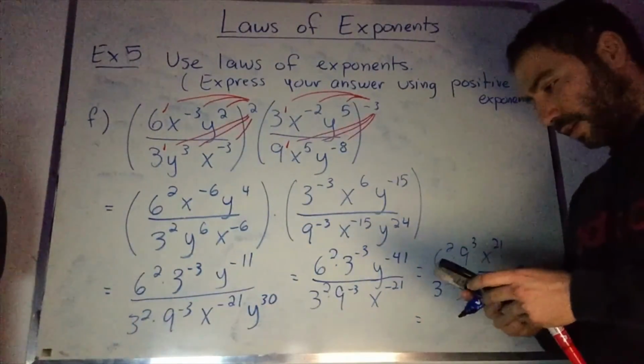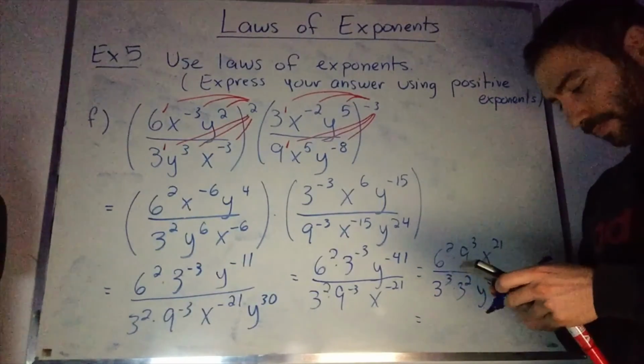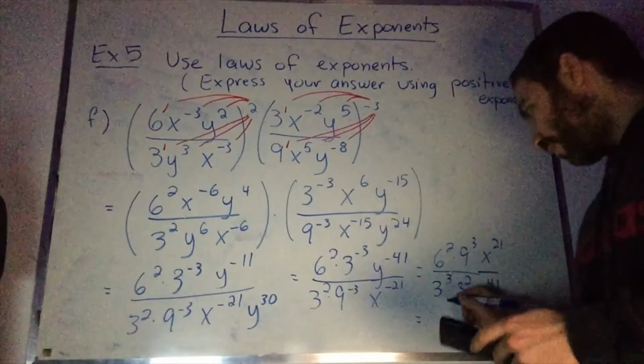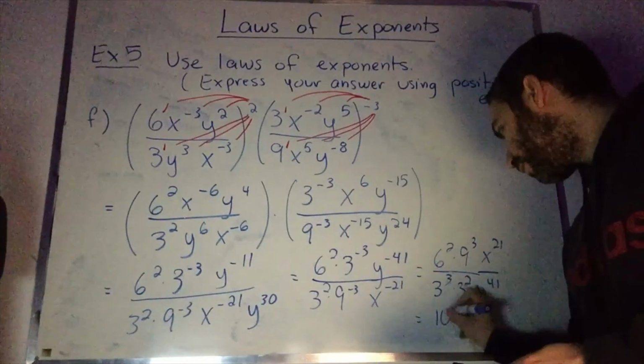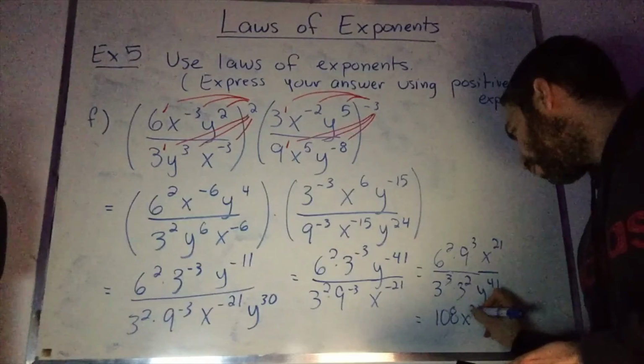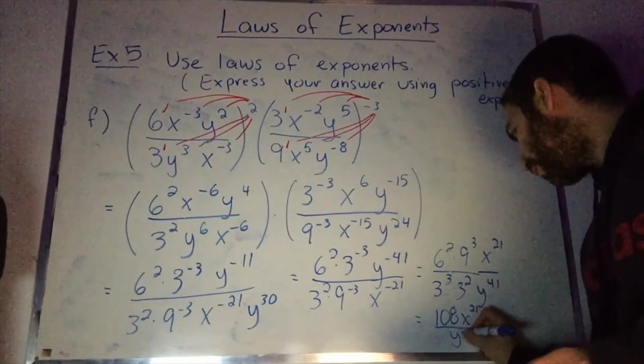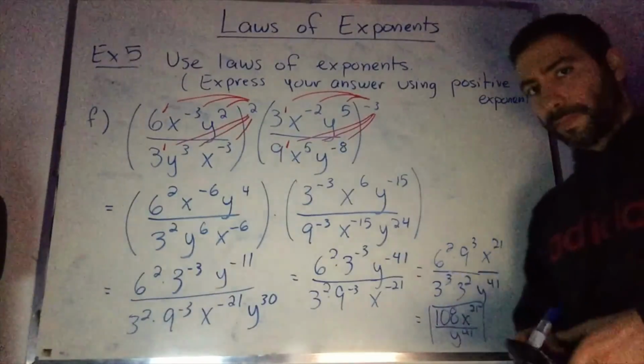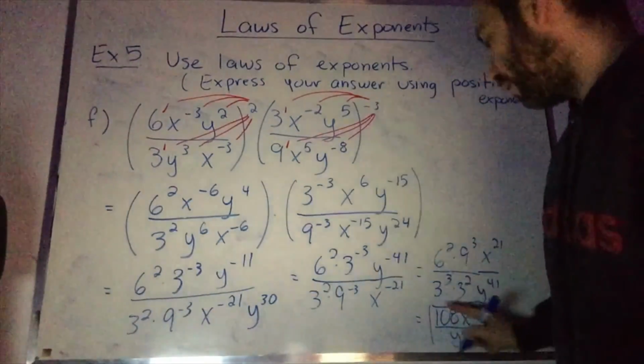So we have 6 squared times 9 to the 3. And this gives us 108 on top, x to the 21, all that over y to the 41. Okay, and that's the final answer.